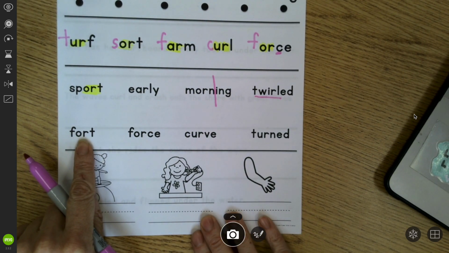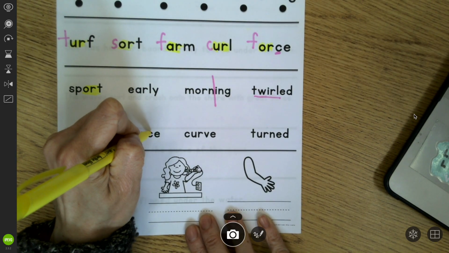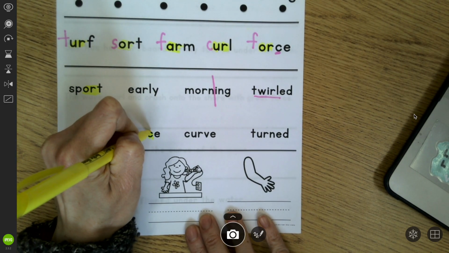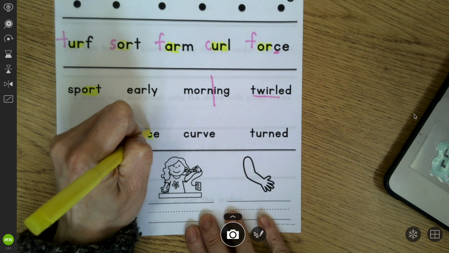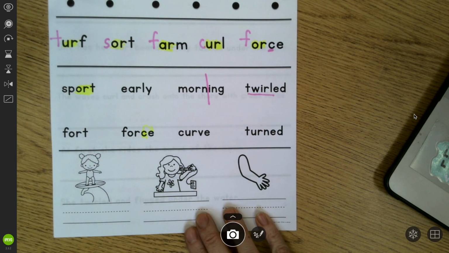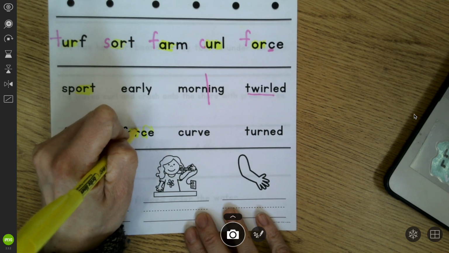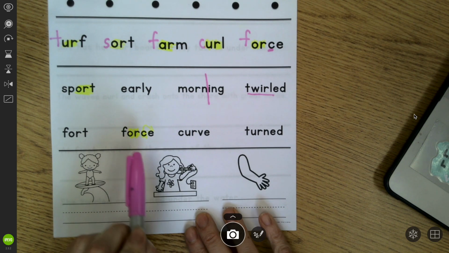Then we have fort. Again, we have the C before that last E that was going to make an S sound. And we have OR, which says or. Go ahead.